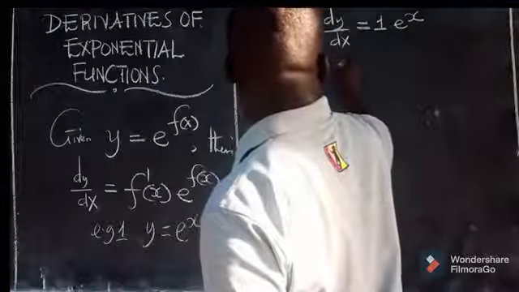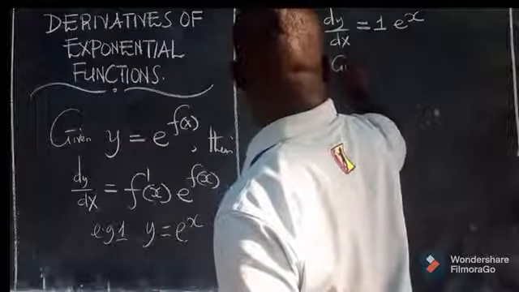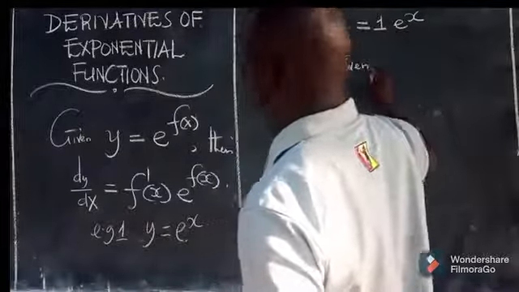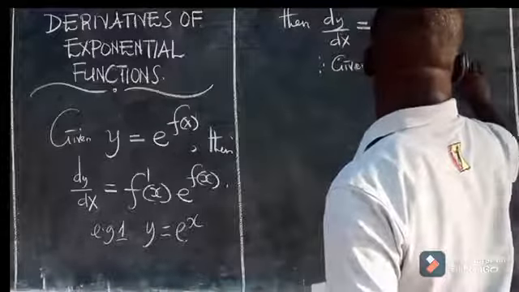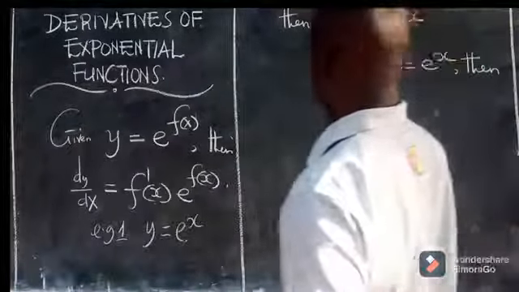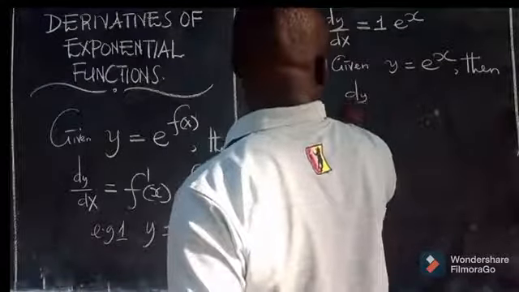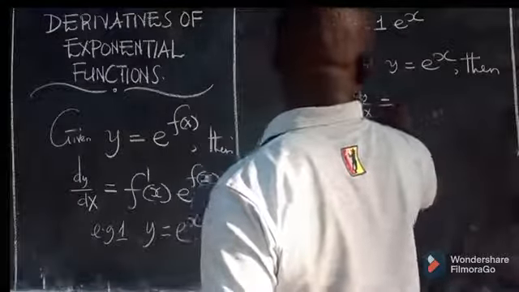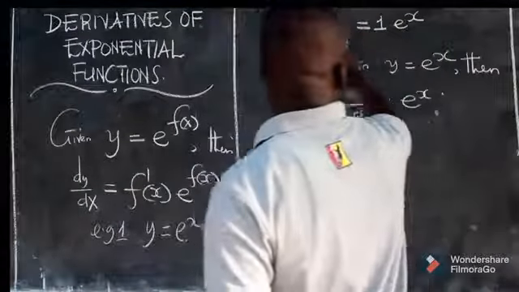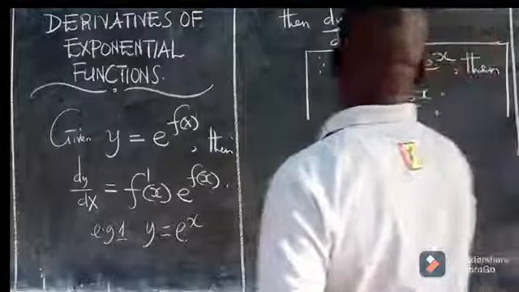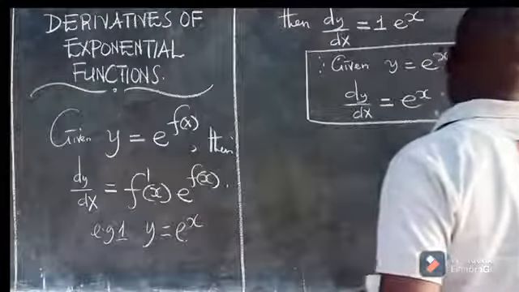Therefore, given y is equal to exponential x, then dy dx is equal to e of x again. So this is something very important that we shall apply as we go ahead.